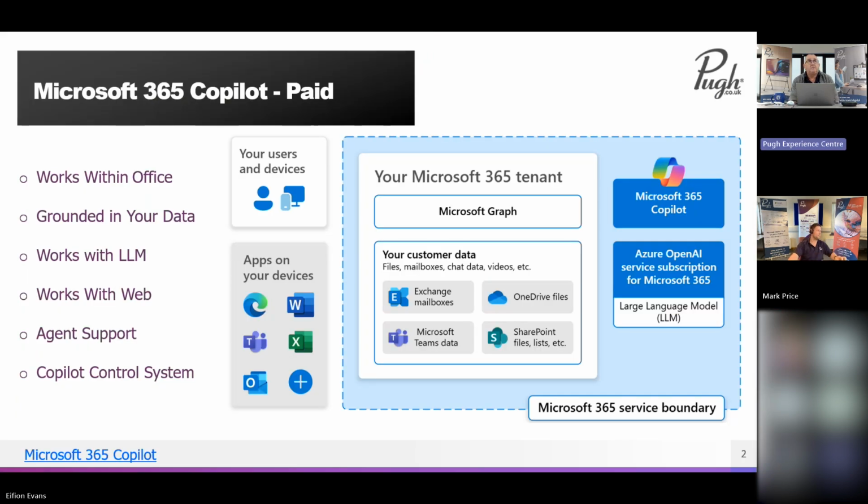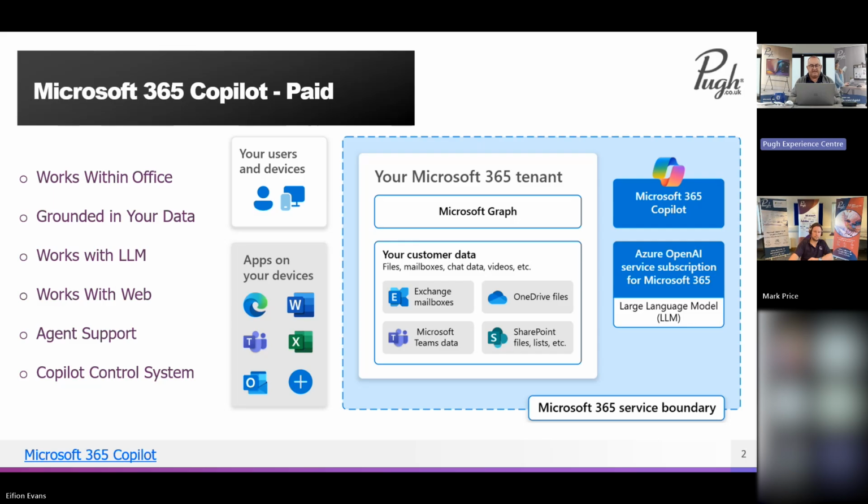Okay, so hopefully a lot of you know this, but there's a Microsoft 365 version of Copilot. That is the paid version. That's the fully featured premium version of Copilot.